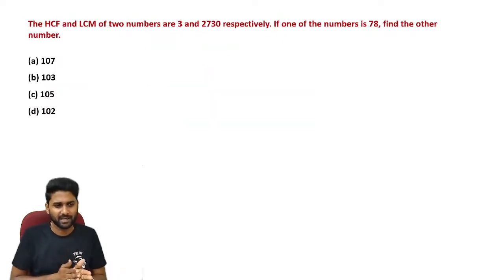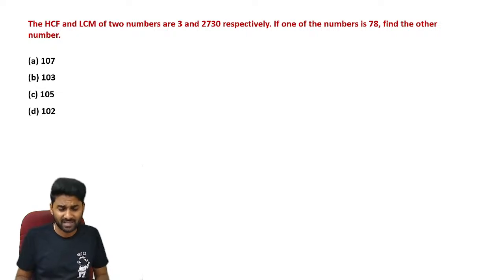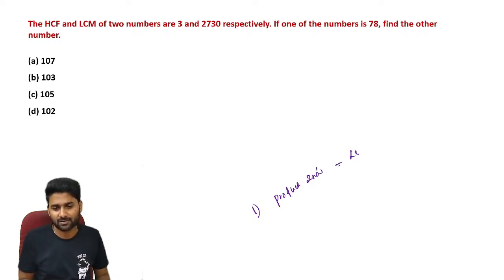Next. Again, let's see this question from LCM and HCF. Remember this entire property, guys. Two important key points. Product of two numbers is exactly equal to LCM of two numbers into HCF of two numbers.